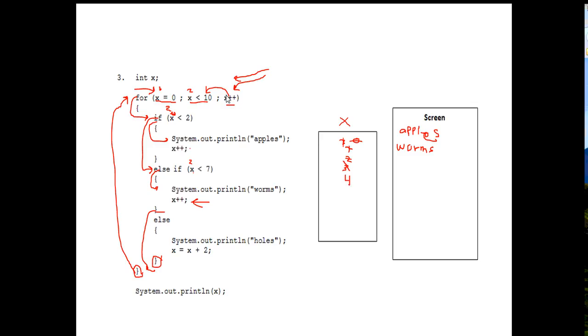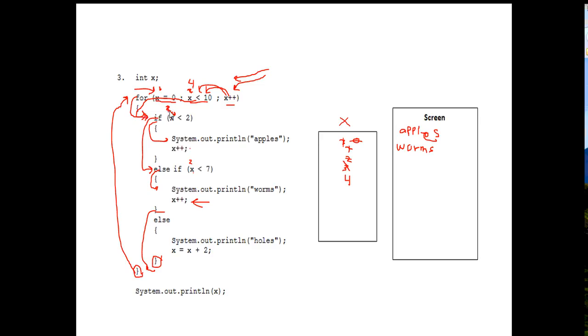Then we hop on over to the second part because we got to test it out. And x right now is 4, and 4 is still less than 10. So now we go from the center, the test, to the body of the for loop.